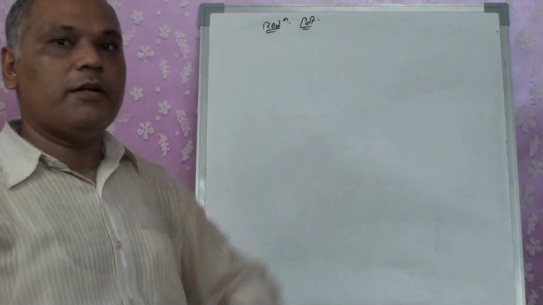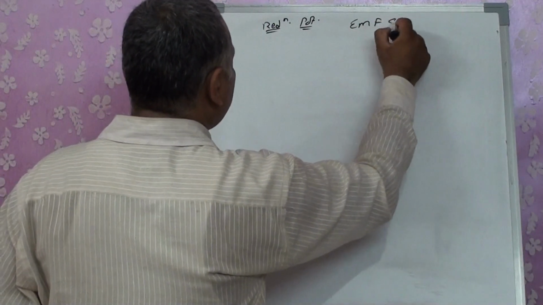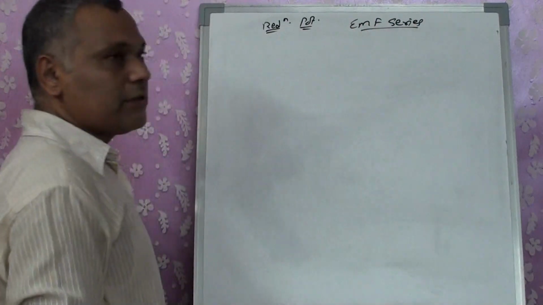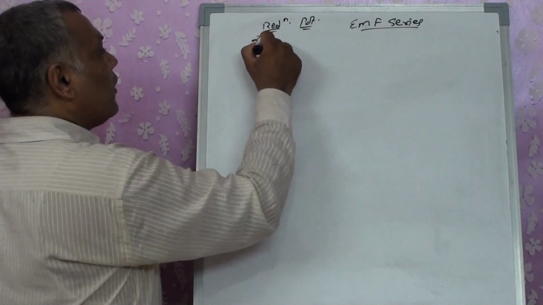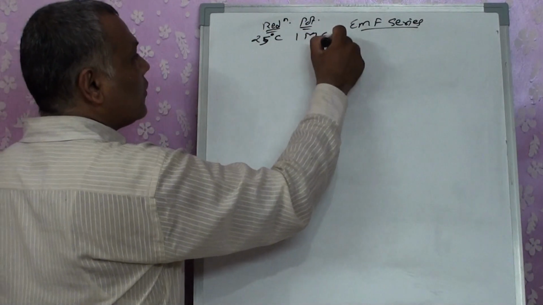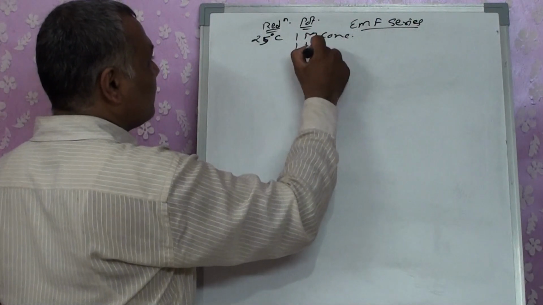One complete series is there, which is known as the EMF series, the electromotive force series. It uses reduction potentials under 25 degrees Celsius, 1 molar concentration, 1 bar pressure.